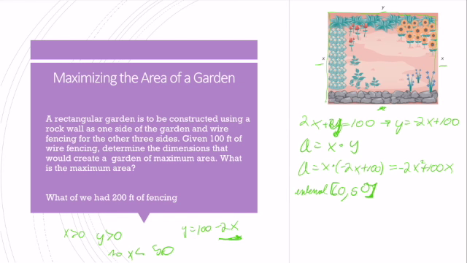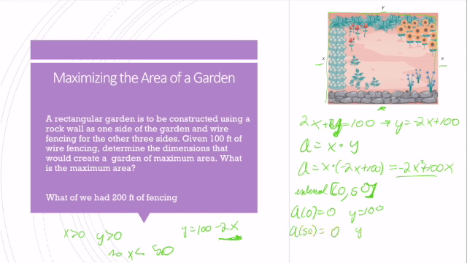So A of 0 is going to give us 0. And what happens if x is 50? That means y equals 0, so the area is also 0. So we found our endpoints.